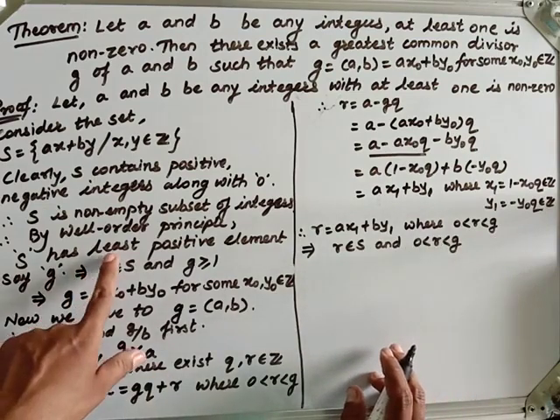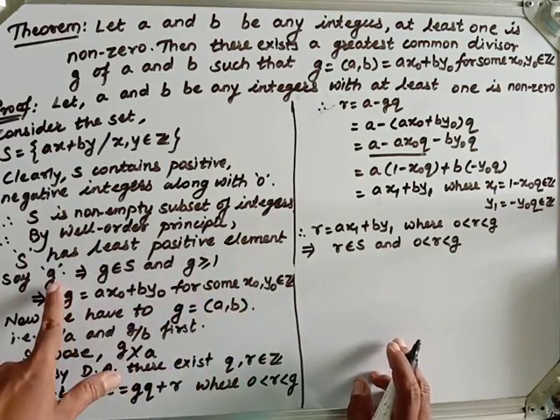But we have assumed that S has a least positive element, that is what?